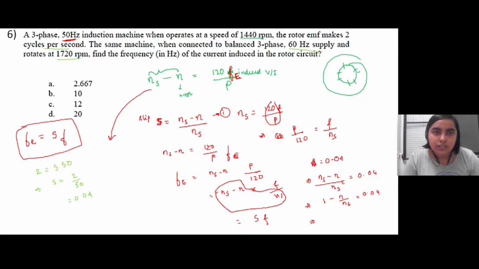Okay, p is not given here, so that is why we had to go through the calculation of slip. So n by ns is equal to 1 minus 0.04. So ns will be equal to n, which is given as 1440, divided by 1 minus 0.04. So let us just calculate ns. 1440 divided by 1 minus 0.04 is 1500 rpm.